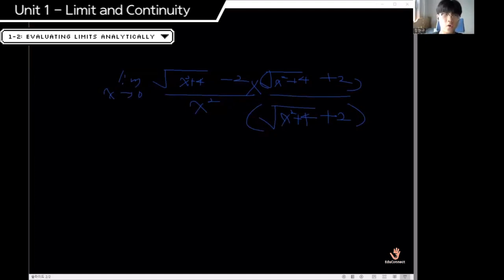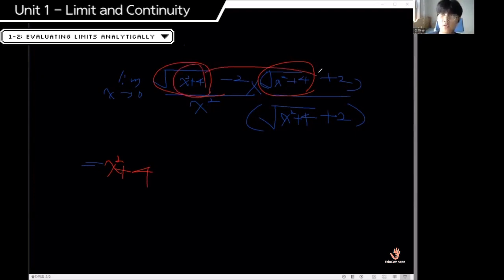So now we're going to multiply this out. What we are really doing is multiplying two binomials. When I multiply my two square roots, they cancel out, so I'm left with x squared plus 4. Now when I multiply this term and 2, I'm left with plus 2 times the square root of x squared plus 4.